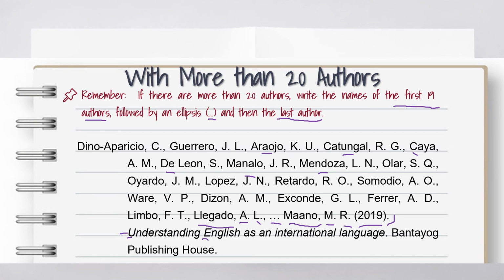We have here the proper name English, that's why it is in capital letter, and the rest of the words are in small letters only. End it with a period, and then lastly the name of the publishing company, which is Bantayog Publishing House, and then end this entry with a period again. Okay, is that understood? I hope so, class.